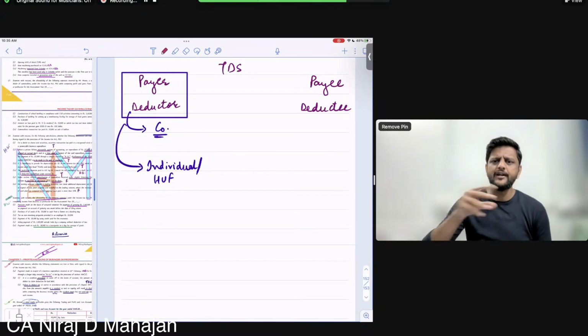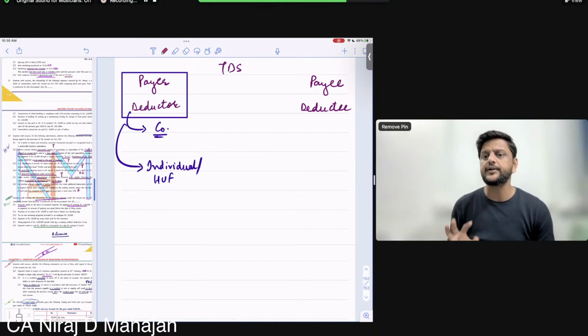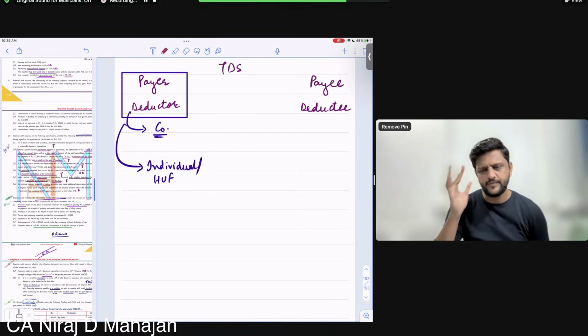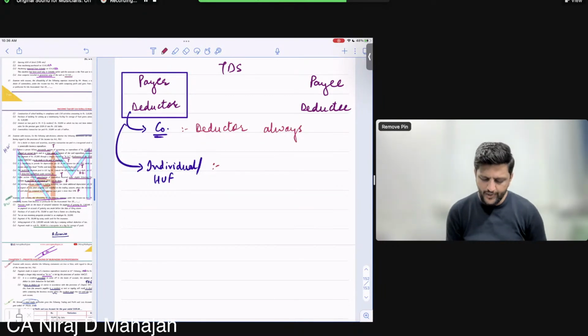By default, because they are a company, they are told you are a deductor every year. Understood? Don't write anything down, just pay attention. So what did I say? Deductor, always.